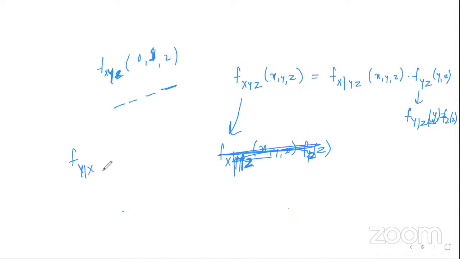Okay, and for 0, 1, and 2, how are we solving it? Basically, you started off saying we get f of z for 2. So for 0, 1, 2, right? Yeah. So f xyz of 0, 1, 2.